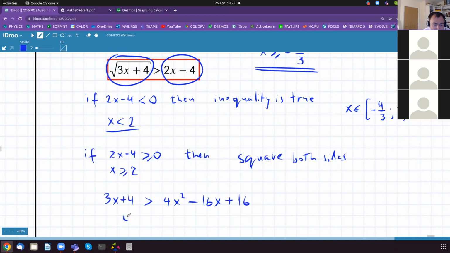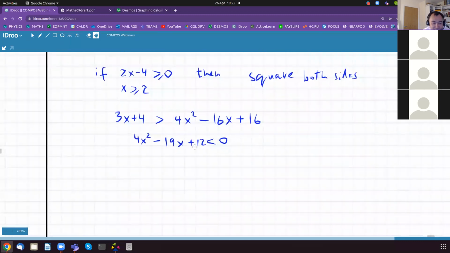So we got 4x squared minus 19x, really, plus 12 is less than 0. Oh, that doesn't look good. Doesn't look good at all. All right, I'll cheat a little.